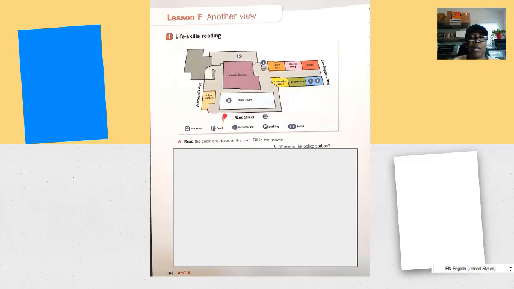This symbol stands for food. So if you were to read the map and you see this word, food court, and you're like, oh, what is food court? If you don't know what that means you see a knife and fork, you can go here to eat, right? You eat at the food court. That's why you have a knife and fork.